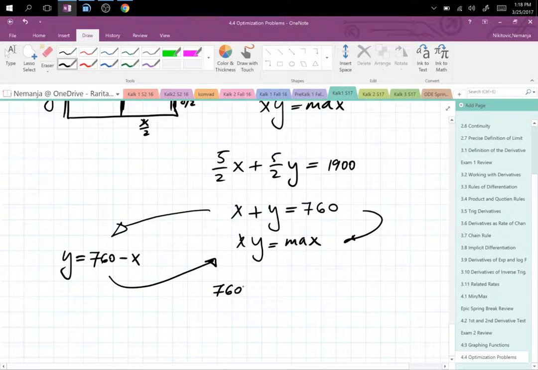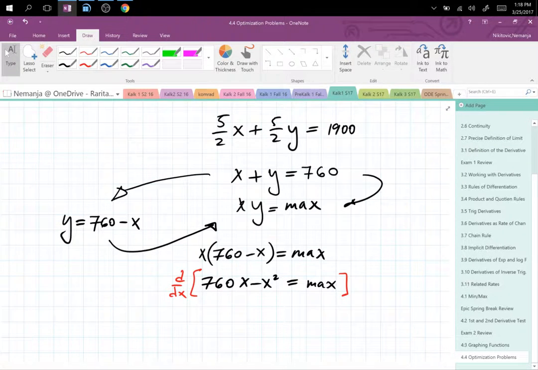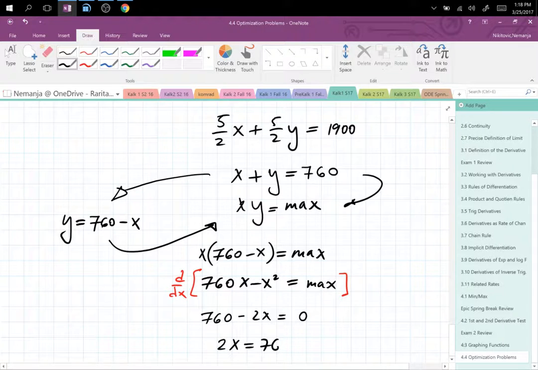So 760 minus x, everything times x, is equal to a max. 760x minus x squared is a max. And then we differentiate. So 760 minus 2x is equal to 0. 2x equals 760.